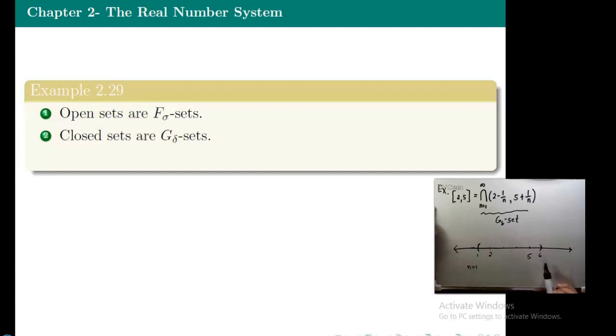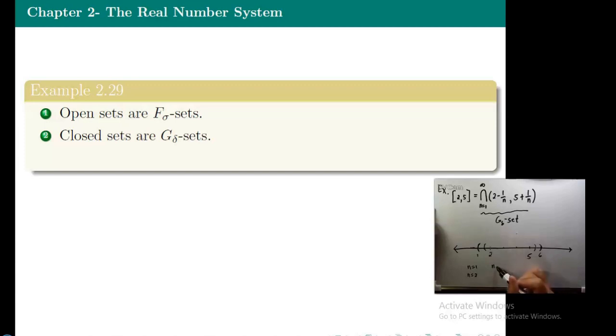Then when n is 2, 1/n becomes 1/2. So 2 minus 1/2 is 1.5, so we have a smaller interval, and 5 plus 1/2 is 5.5.